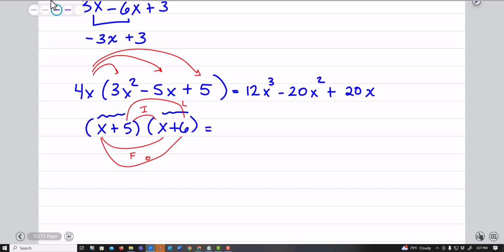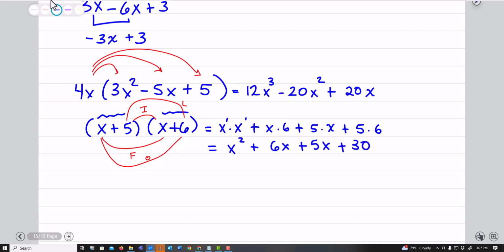So the first terms is x times x, plus my outside would be x times 6, and then my inside 5 times x, and finally my last 5 times 6. So this would be, that's like saying the first power, so 1 plus 1, that would be squared. 6x plus 5x plus 30, and I think you have common terms here, so this would be x squared plus 11x plus 30.